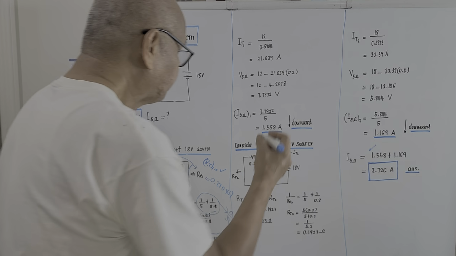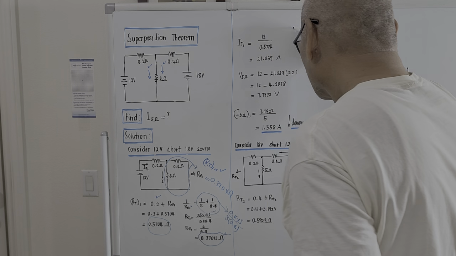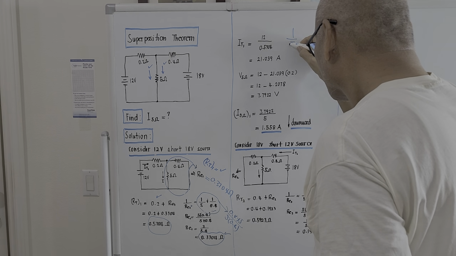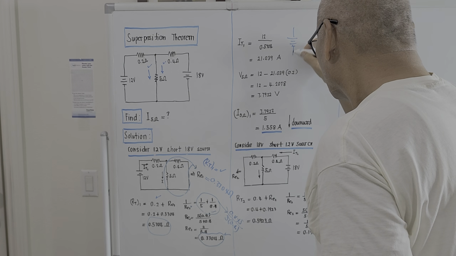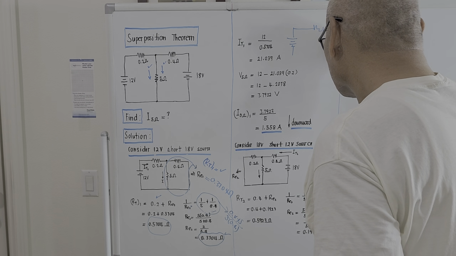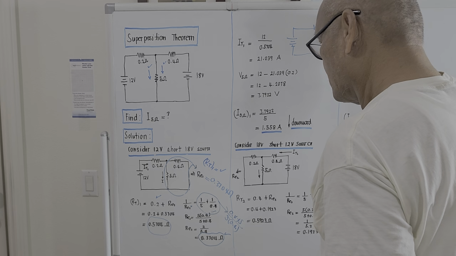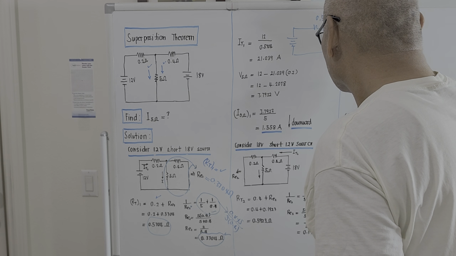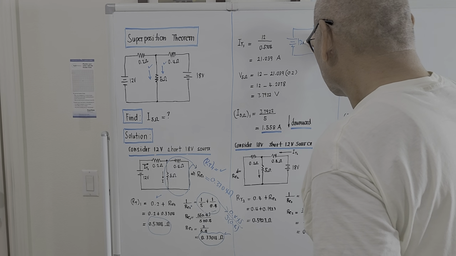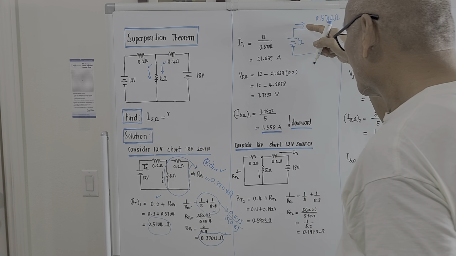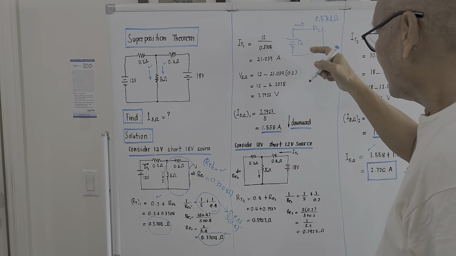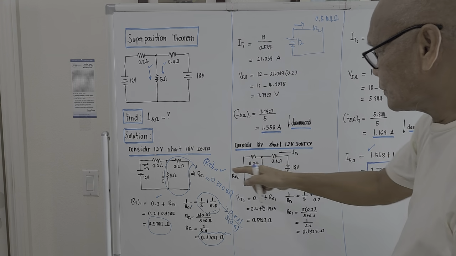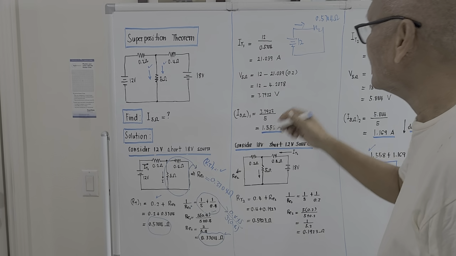So we are now given a 12 volt source here, and the total resistance is 0.5704 ohms. And this is 12 volts. So actually we can now compute for the total current. This is now the single equivalent of this RE1 plus this 0.2.